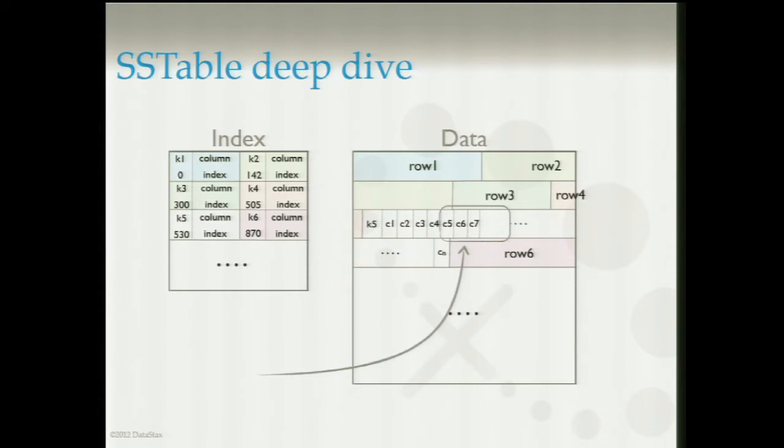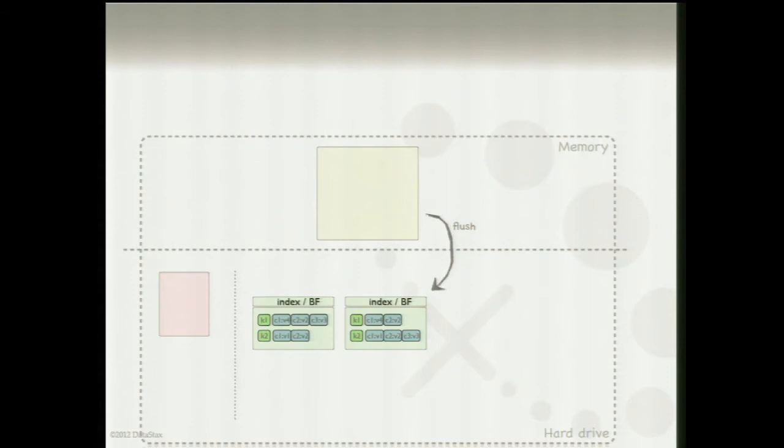Not pictured here is the Bloom filter. The Bloom filter is a probabilistic set of row keys. Remember, we have multiple SSTables for a given user-level table that he's defined with create table users, for instance.